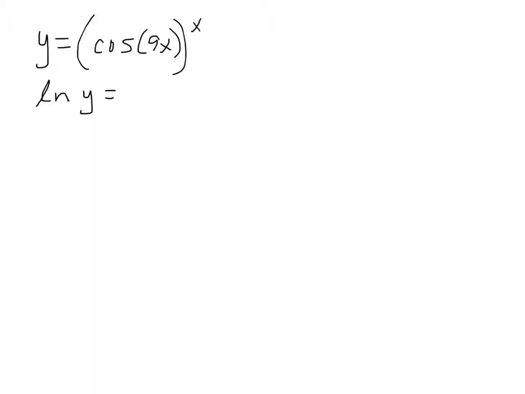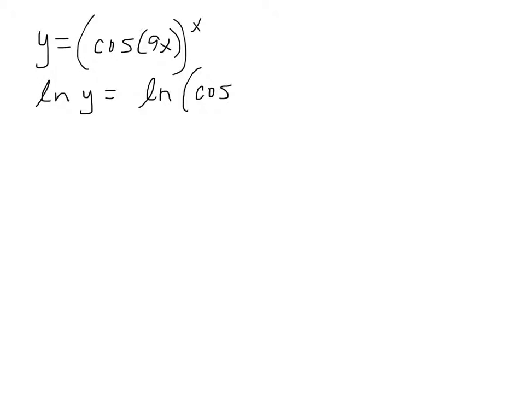Our second example will be y equals cosine of 9x, all of that raised to the x power. And again, because I've got the complicated function of having a function of x raised to another function of x, the natural log on both sides does help me to get it into a better format.